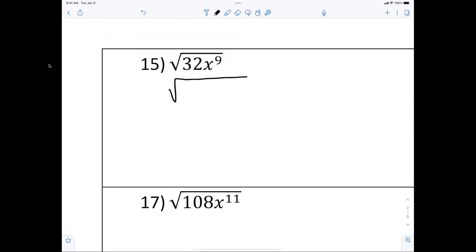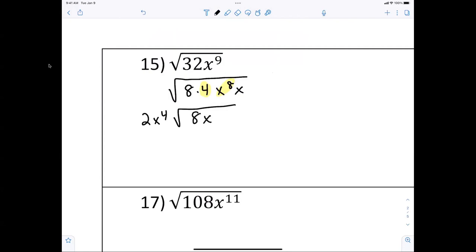Yes, you're breaking 32 down to what? Okay, and then what? Good. So now what? Okay. Good. That would be, it's called a square root. Yes.